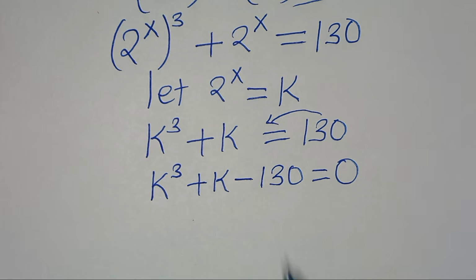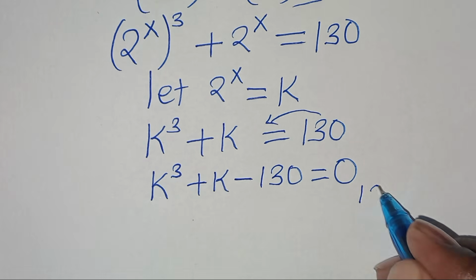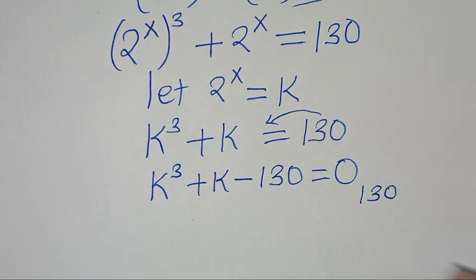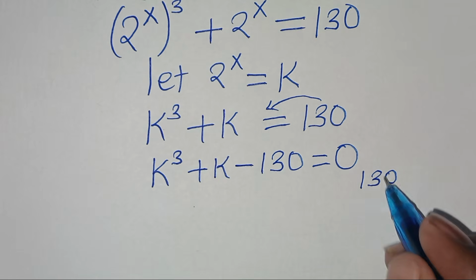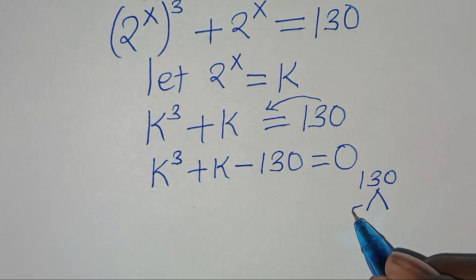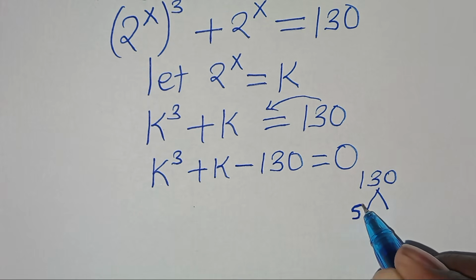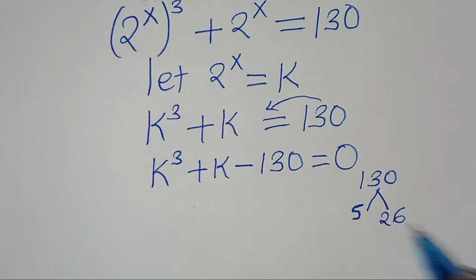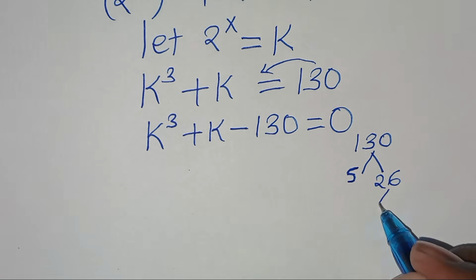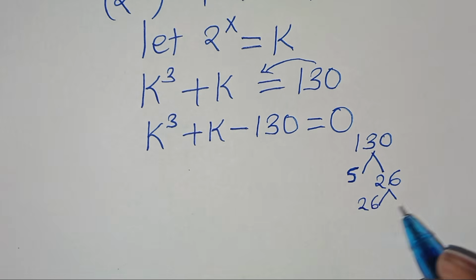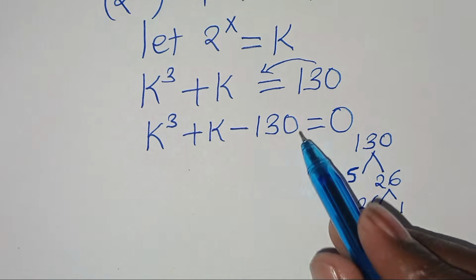Now, the next step is that we can express 130. This is the same thing as if we say 130 divided by 5. This is the same thing as 26. Then we have 26 divided by 26. This is 1. So we have 130.